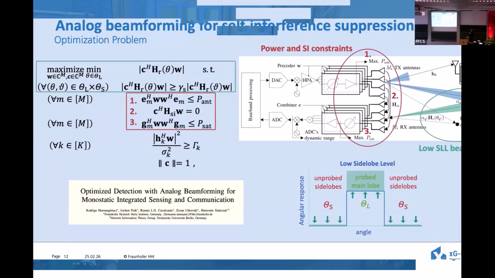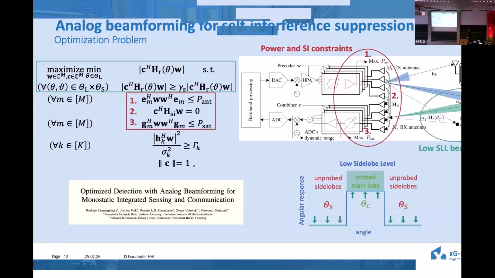Of course, then there are power and self-interference constraints. You have power constraints, constraints related to the saturation at the receiver side, and you can also try to impose a constraint that avoids the self-interference. But of course, the problem in general might be unfeasible, so you have to develop algorithms that can cope with such problems.